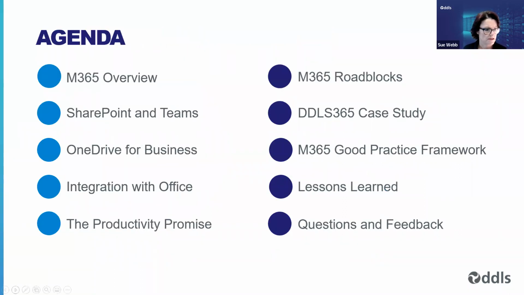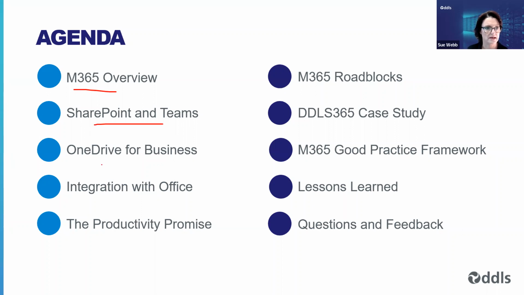So the agenda for today, I'm going to start with a bit of an overview of Microsoft 365 because there's still some confusion about what Microsoft 365 actually is. I'm going to talk about some of the core products in Microsoft 365 and the ones where we should be seeing the most productivity and not necessarily seeing that.